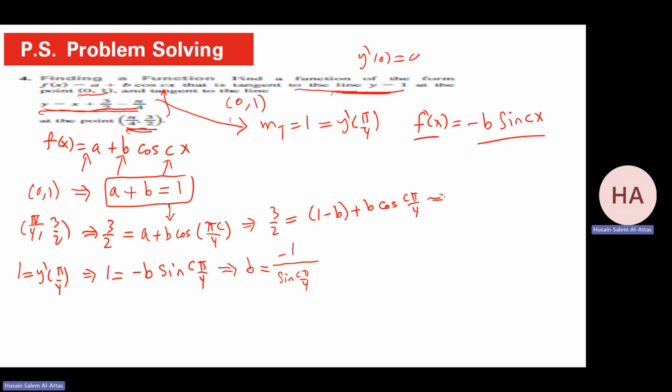In other words, I have minus b plus b cosine c pi over 4 equals one half. So I plug it here to get what?